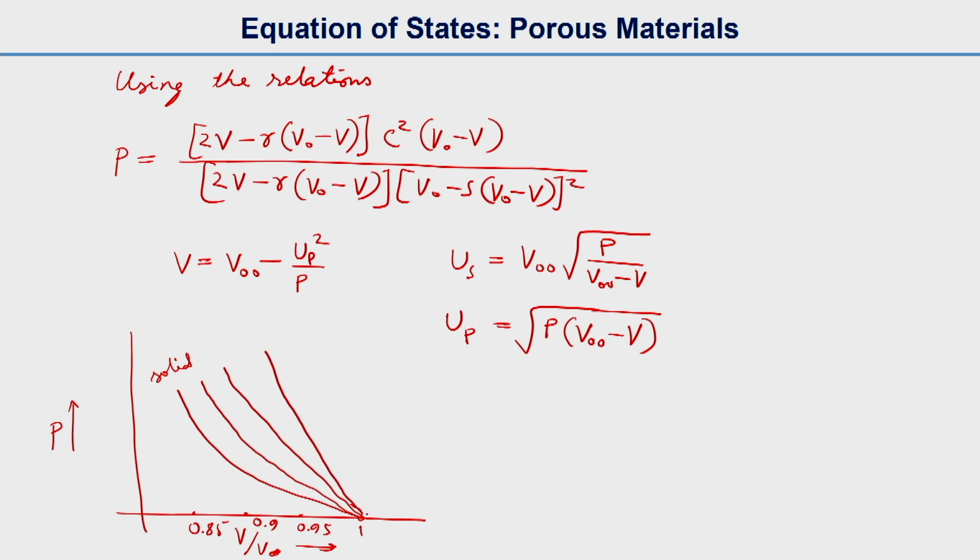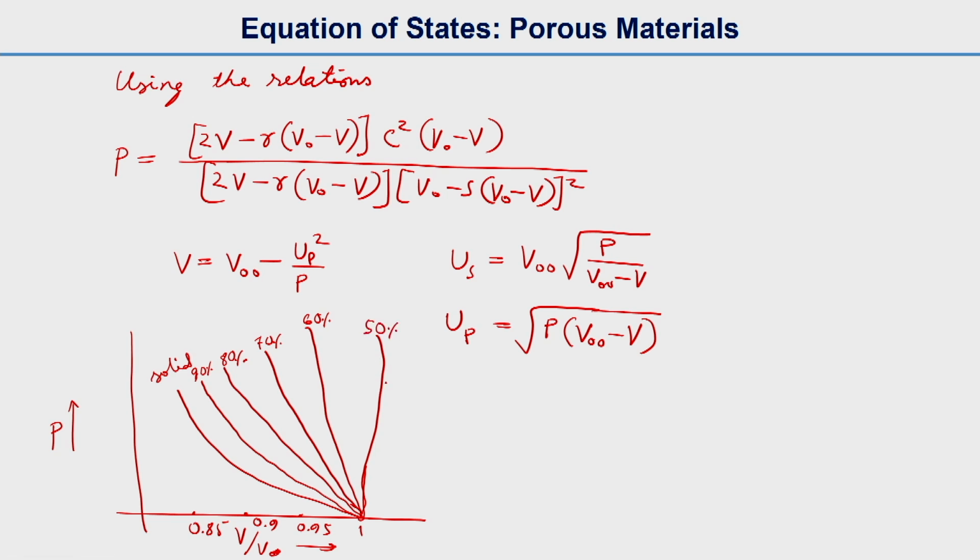So this is for, let's say, 90% relative density of the powder, let's say 90%, 80%, 70%, 60% and 50%.